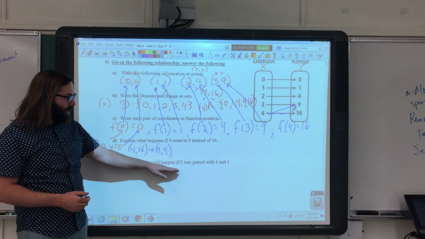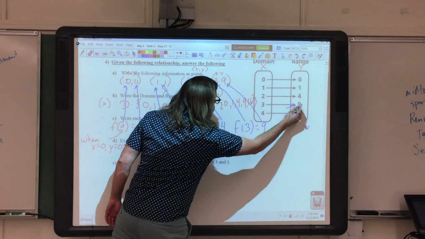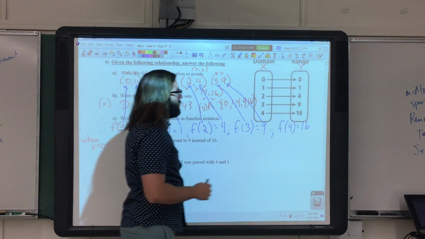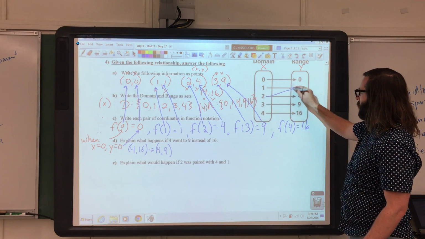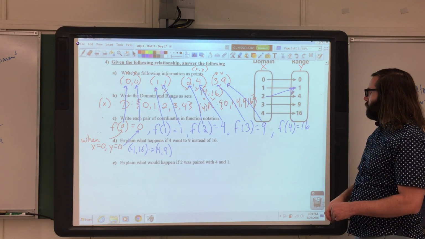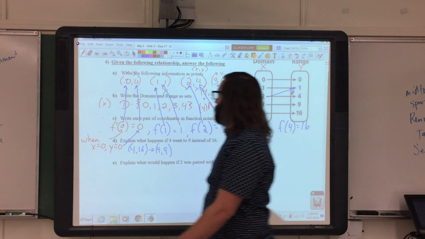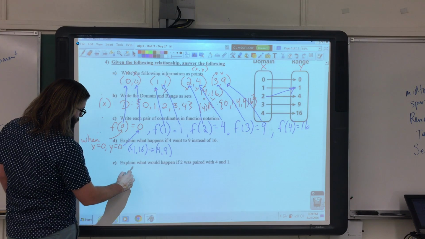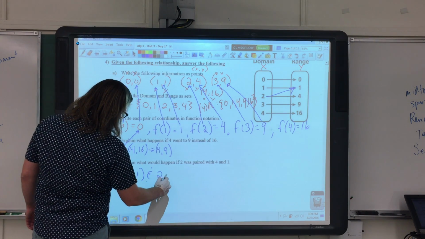What would happen if the 2 was paired with 4 and 1? So let's take a look at this. If the 2 was paired with 4 and 1, that would mean we would have 2, 1 and 2, 4.